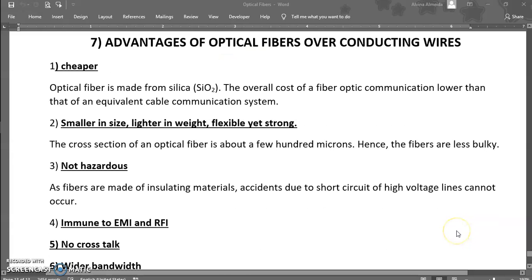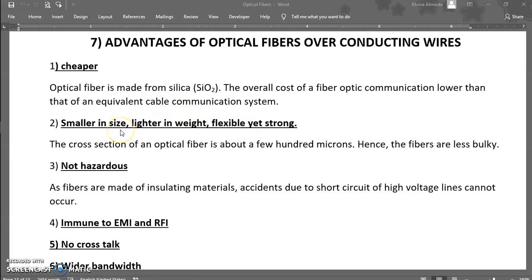Next, we'll see the advantages of optical fibers over conducting wires. First one is cheaper. The optical fiber is made from silica. The overall cost of the fiber optic communication is lower than that of an equivalent cable communication system.